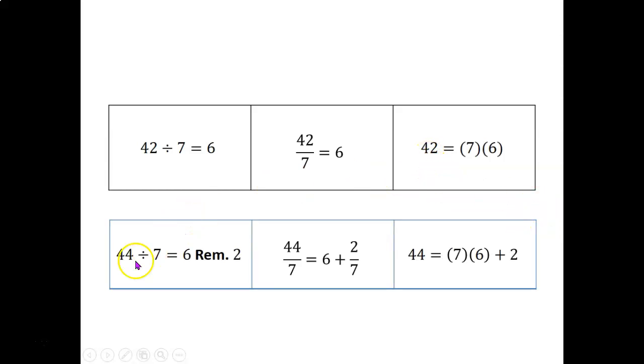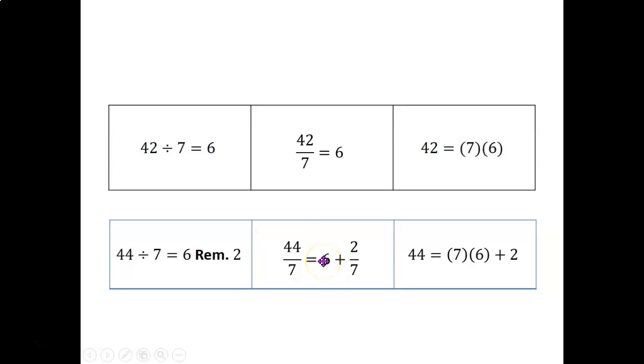Now if I said, what's 44 divided by 7? There isn't a whole number that you can multiply by 7 and come up with 44. The closest you can get is if you multiply 7 times 6, you get 42, but then you have to add on 2 to get the rest of the way to 44.